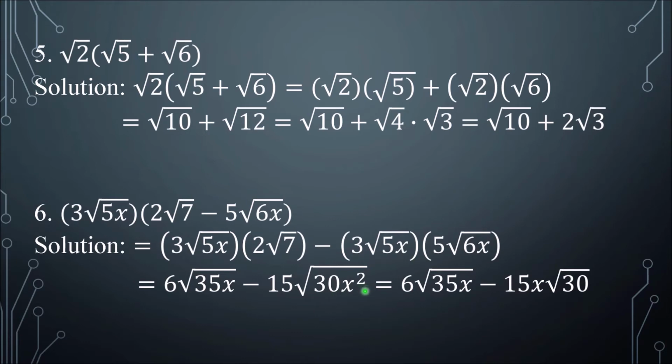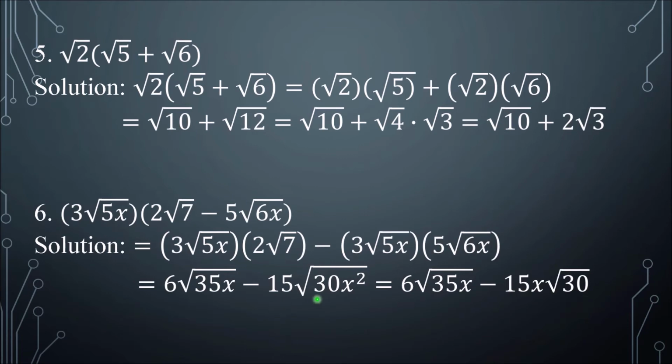Now let's simplify this one, and then negative 15 square root of 30x squared. So square root of x squared is x. What is left is square root of 30. So the final answer is 6 square root of 35x minus 15x square root of 30.